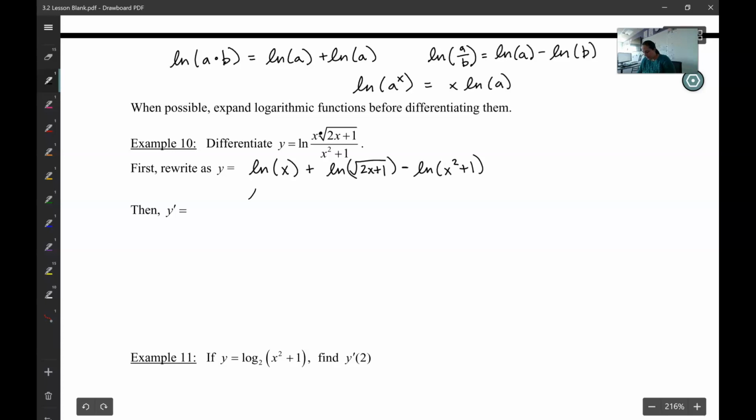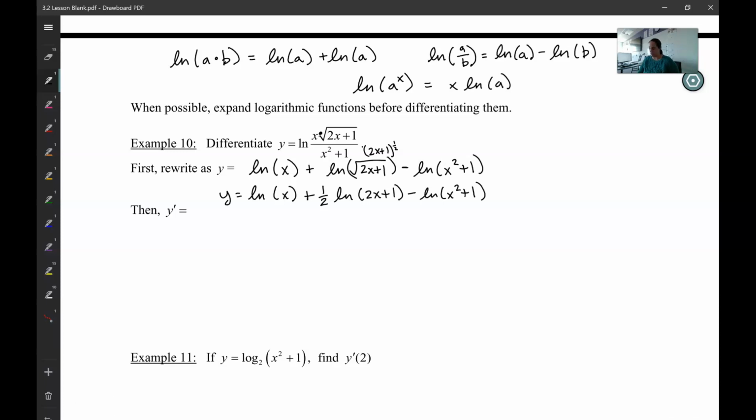And I'm even going to do one step further, because square root I could write as 2x plus 1 to the 1/2, and I can take that 1/2 out in front. Now, if I know y equals this, taking the derivative of all this is way easier.